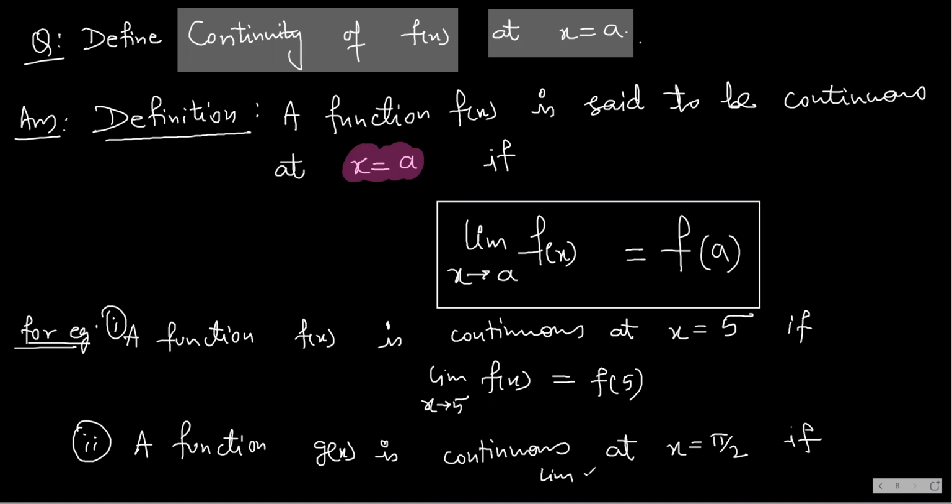So limit g of x as x tends to pi by 2 is equal to g of pi by 2. That is the value of the function when x is pi by 2. Okay, one more example I will take here.